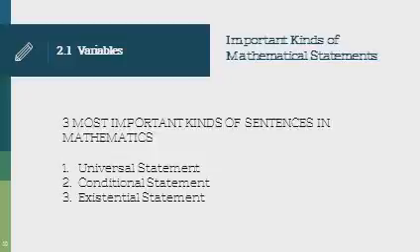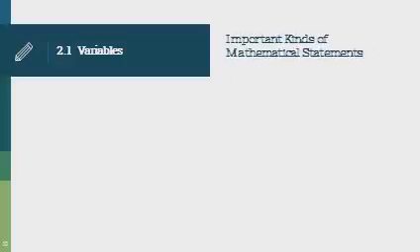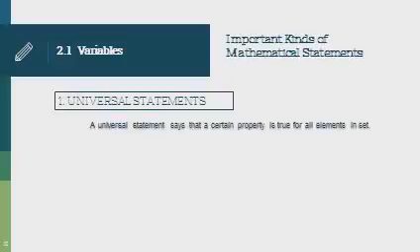Okay. Important kinds of mathematical statements. We have these three most important kinds of sentences in mathematics. So, first one is the universal statement. Number 2 is conditional statement, and number 3 is existential statement. When we say universal statements, that is a certain property which is true for all elements in a set.